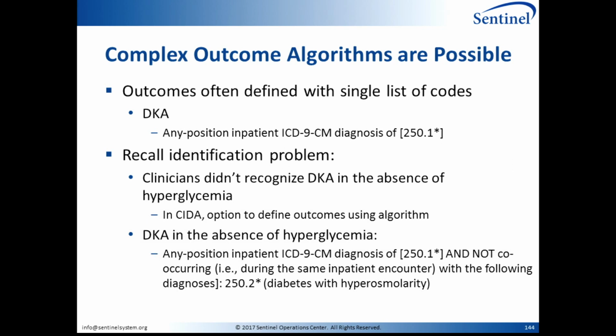We could do that by saying that we have to have this type of code, and we don't want to have another type of code. We can use complex logic, is the point: we can have condition A and condition B, or we can say condition A and not condition B. And all of this is available to us with the routine computer program that we have.